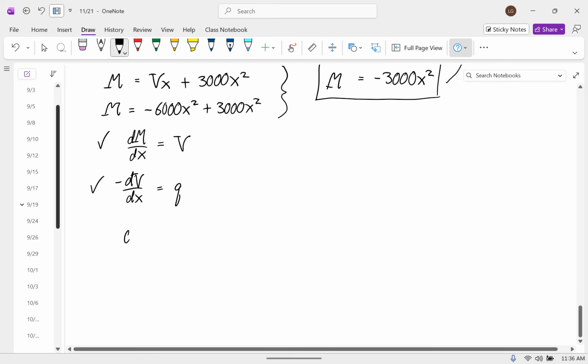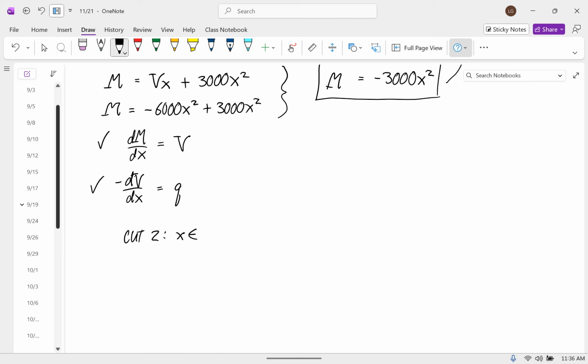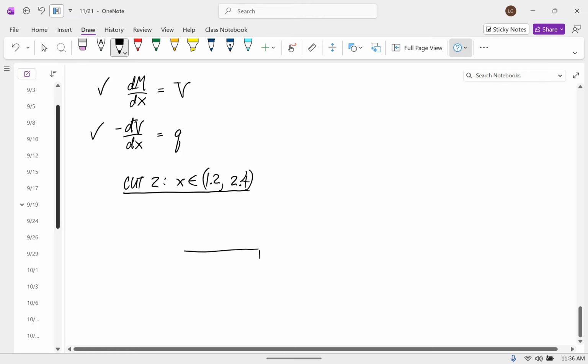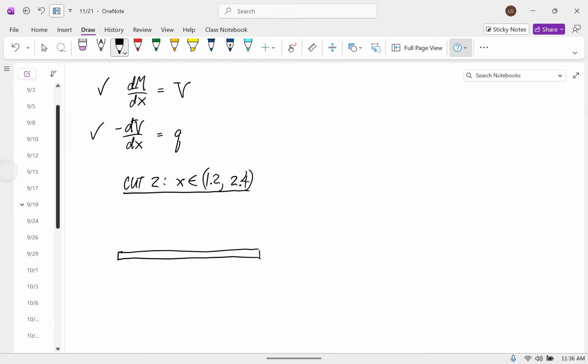Okay, so now we're doing cut 2. So x is from 1.2 to 2.4. And so this time we're including the whole distributed load. All we're not including is just some of this beam.